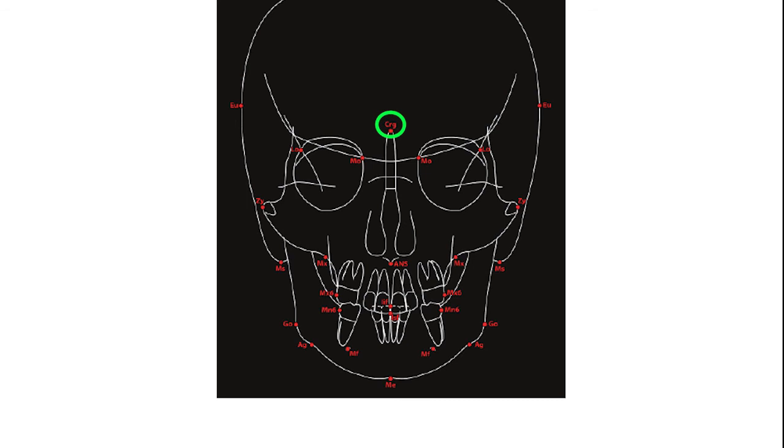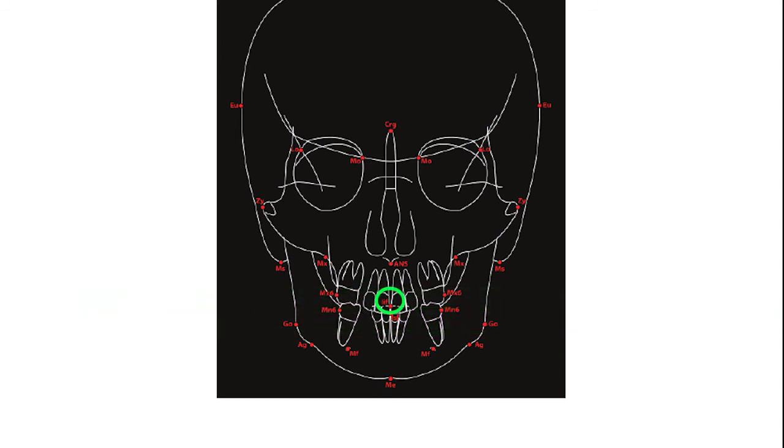Crista galli, CRG, is the most superior point of the crista galli. Anterior nasal spine, ANS, is the center or tip of the bony anterior nasal spine. Incision superius frontale, ISF. The ISF is the midpoint contact between the maxillary central incisors at the level of the incisor edge.